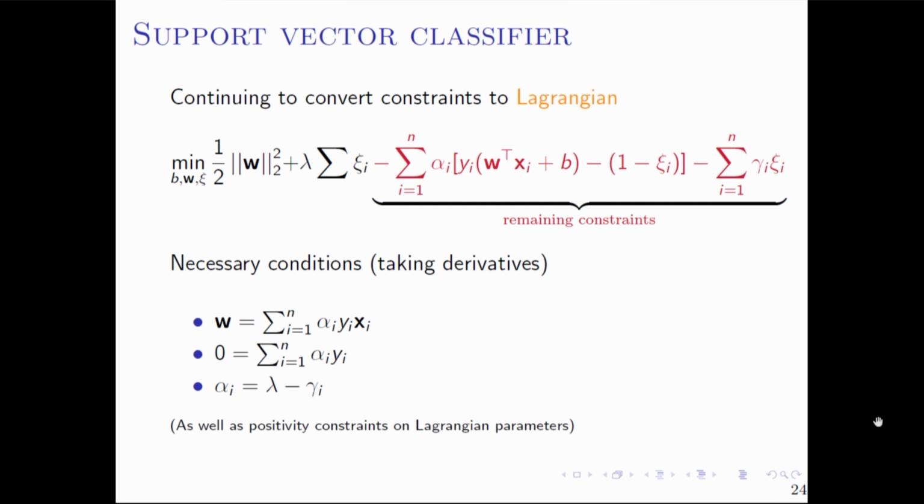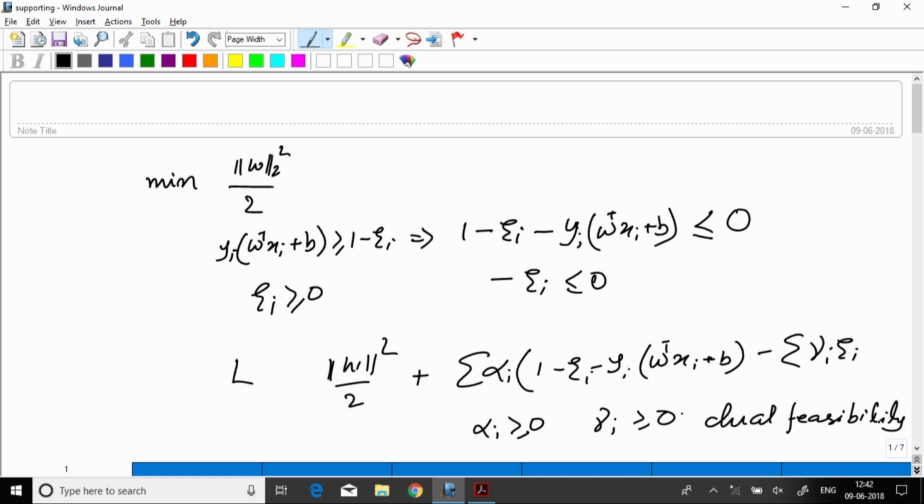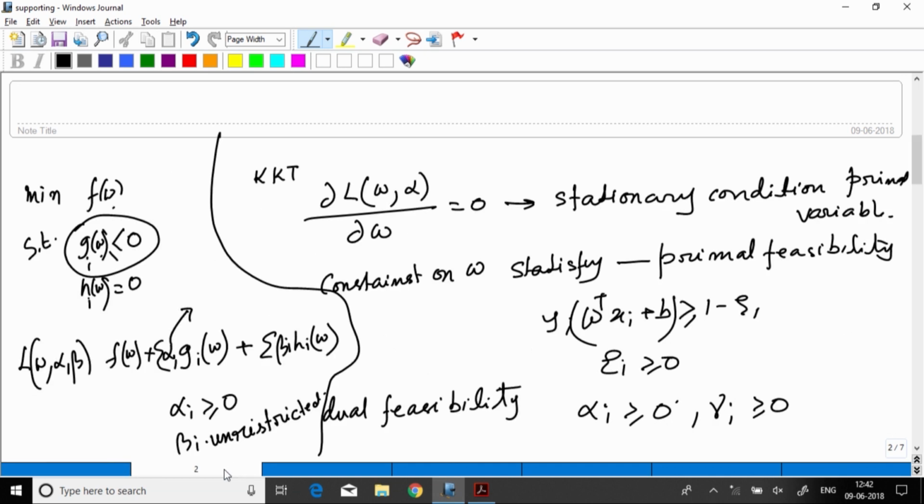And then we have this primal feasibility, the stationary condition, and along with that the other primal feasibility conditions and the dual feasibility conditions, and along with that we have something else.